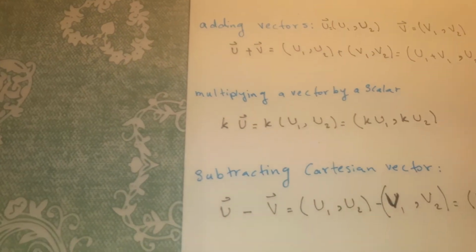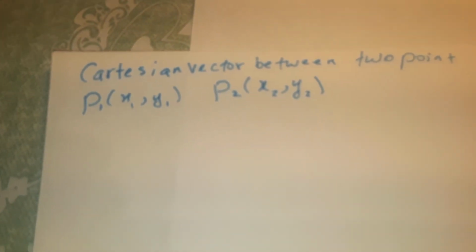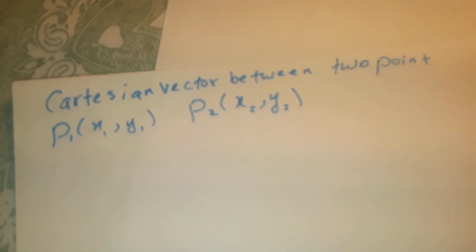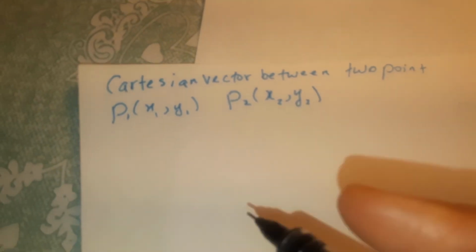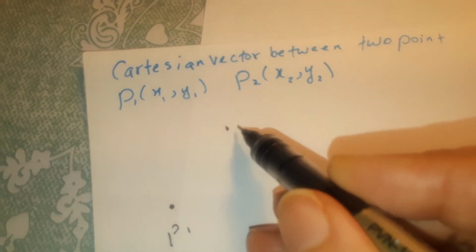Okay, so the next page. Now we want to do the Cartesian vector between 2 points. So I have point 1 and point 2. If I want to illustrate that, this is my point 1 and here is my point 2.